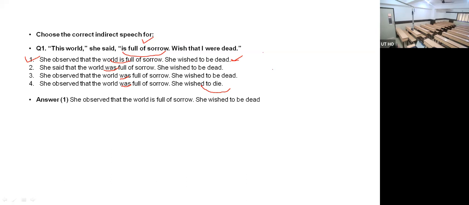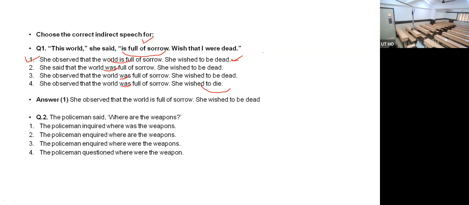Right? Anyone with any doubt in this question? Got it? So, what did we learn here? What did we apply rather? Any general statement, keep it in the present tense when converting from direct to indirect speech. Right? Okay, let's look at this one.